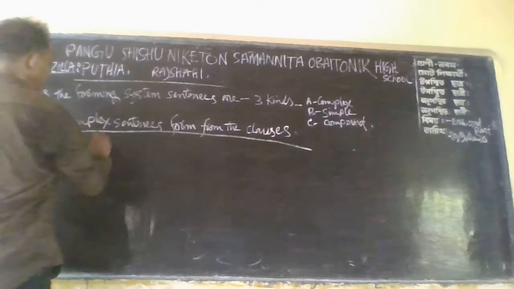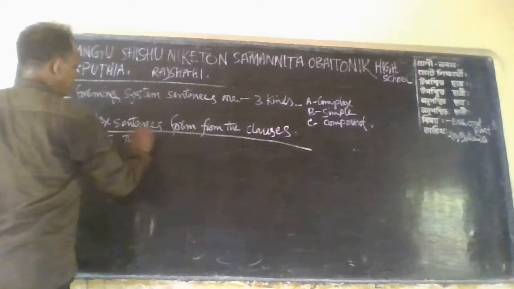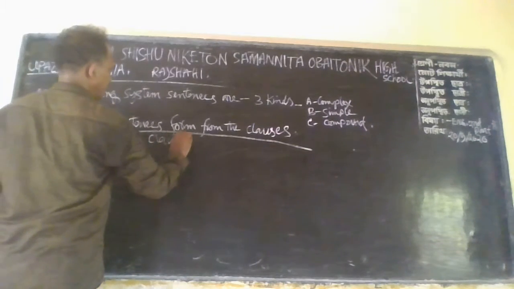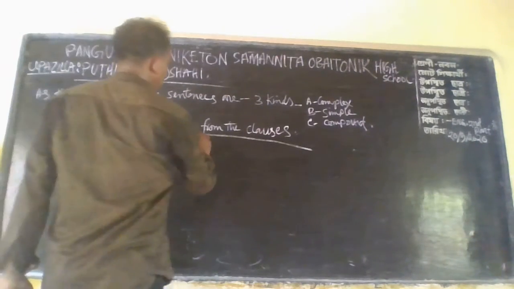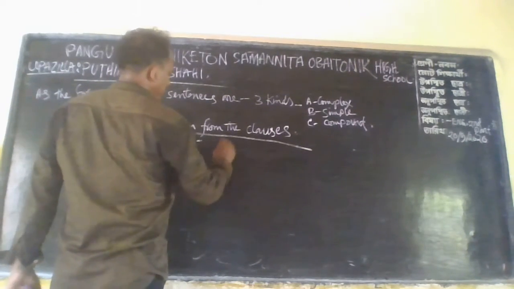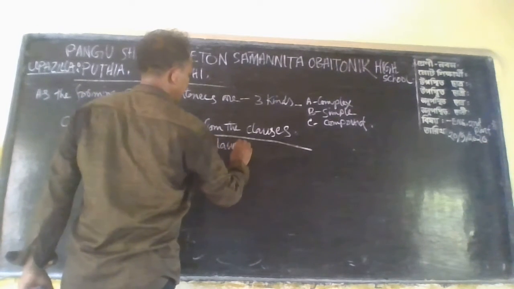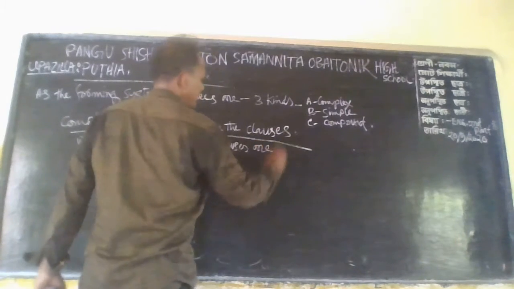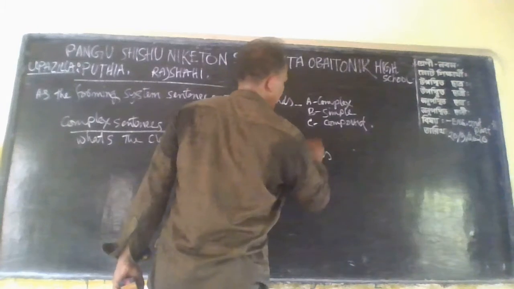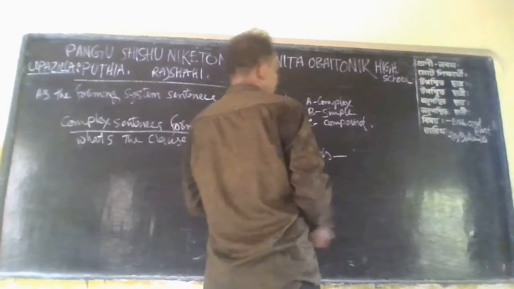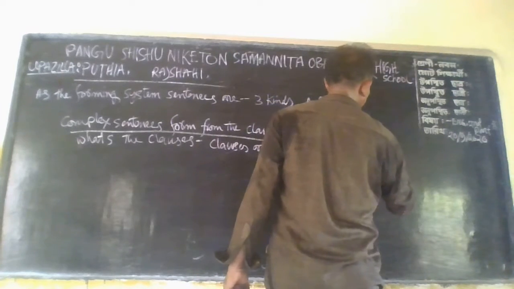What are the clauses? Clauses are three kinds. Number one, A, main clause.